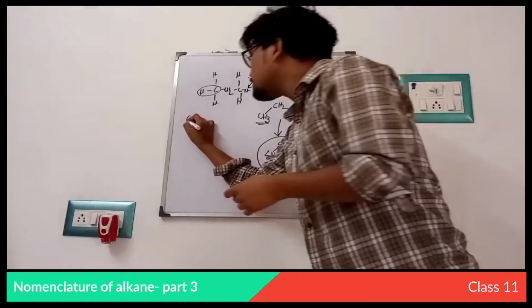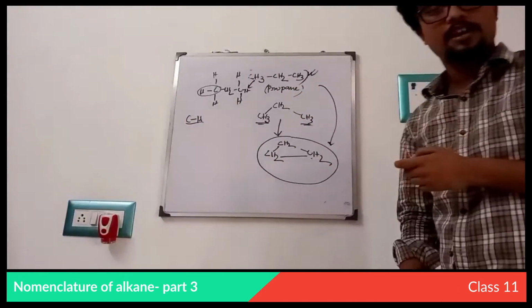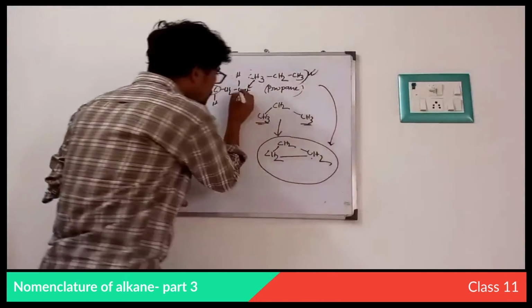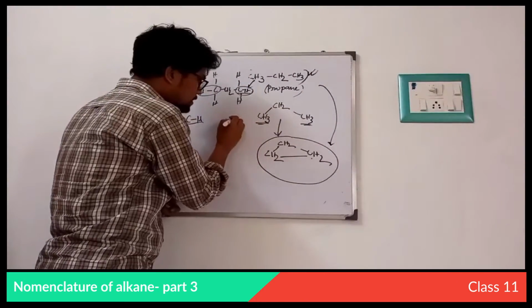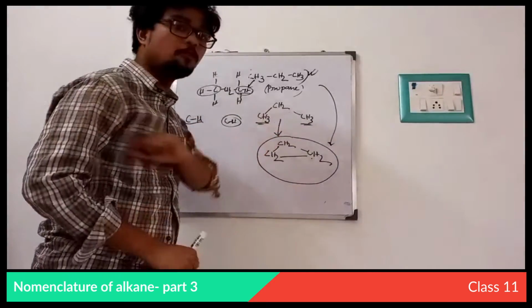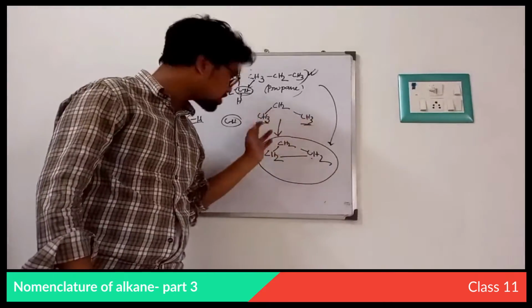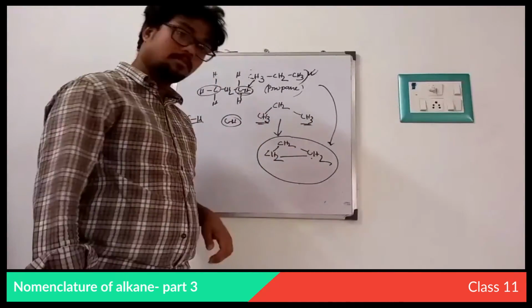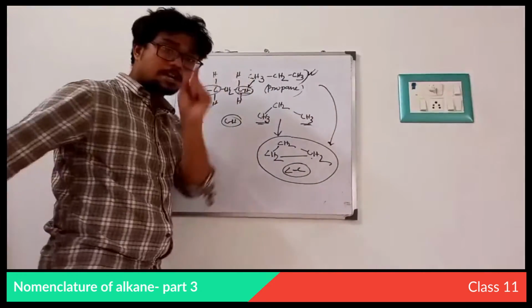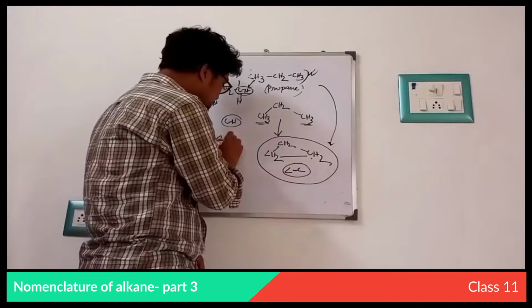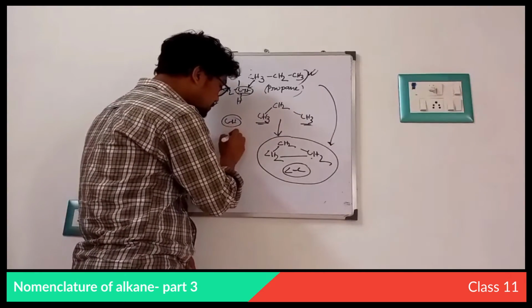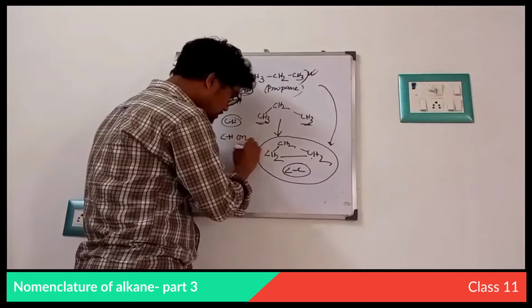CH bond. Here also a CH bond. But when I remove one hydrogen from each carbon present at the end, we get a CC single bond. Now think, which bond is stable, CH or CC?